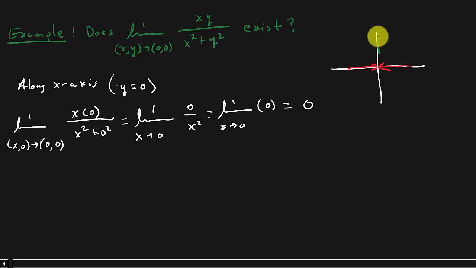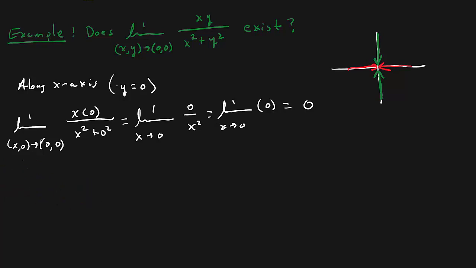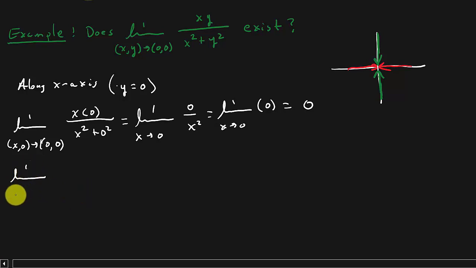Now, let's come in along the y-axis. All right, so let me change colors back. So that's the limit as (x, y) goes to (0, 0). All right, coming in along the y-axis, and that means x equals 0.